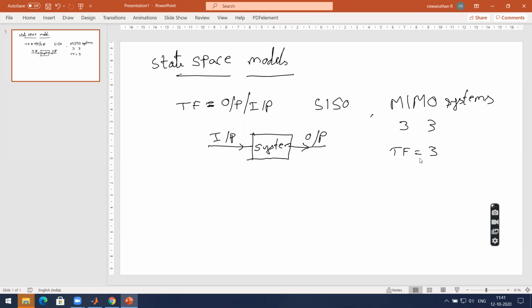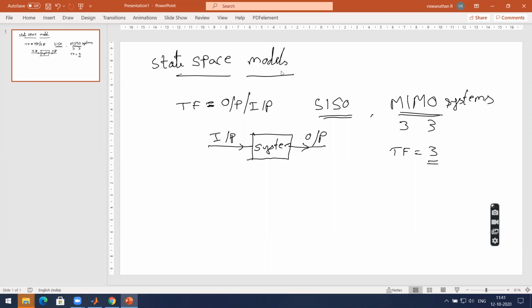You need to use 3 transfer functions, so that will become a little complex. Hence we will not use that approach. Transfer functions are best suited for single input single output systems, but when you have a multi input and multi output system, state space models would be better.